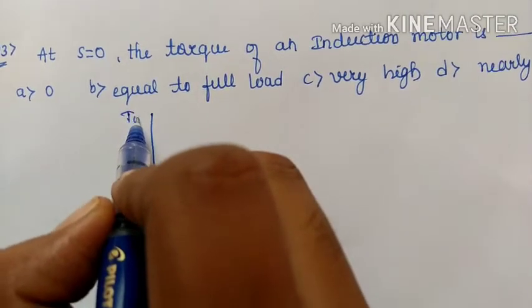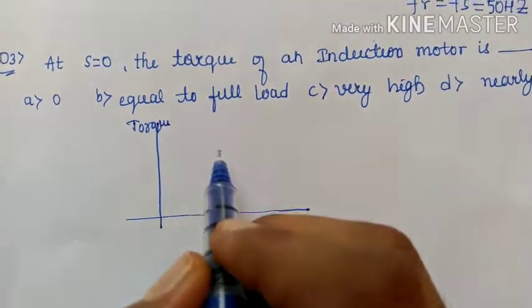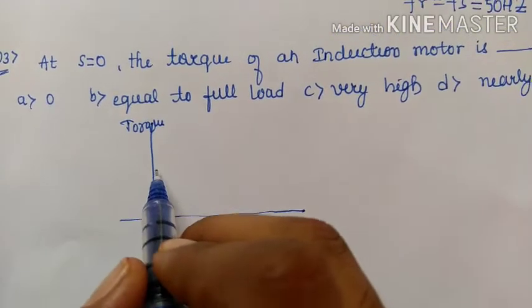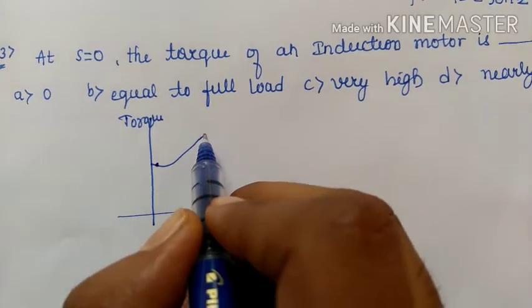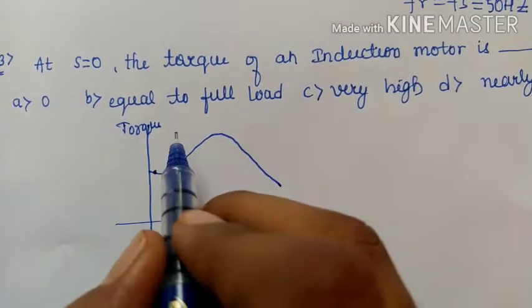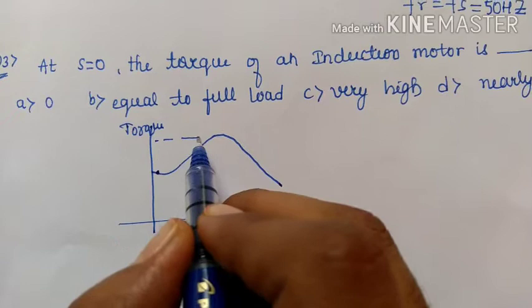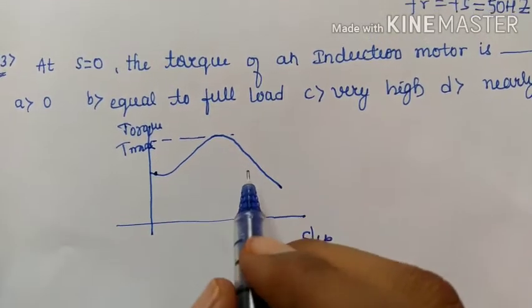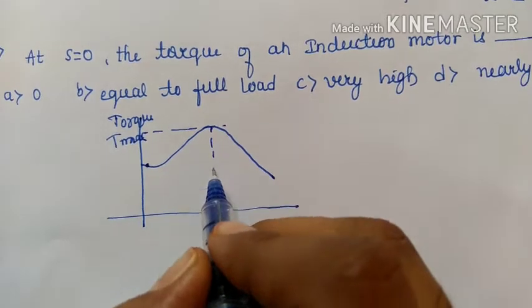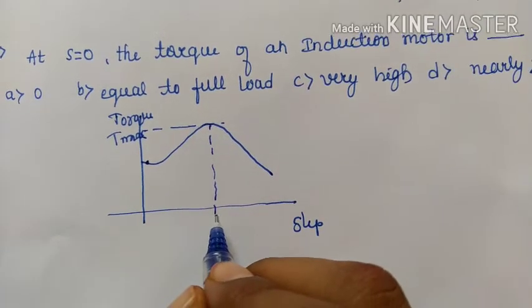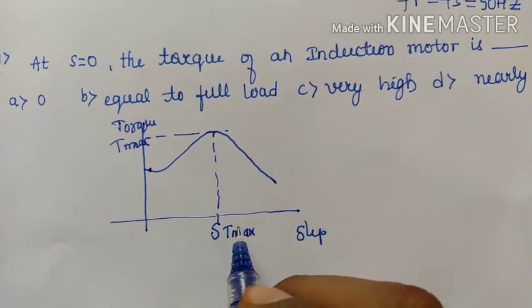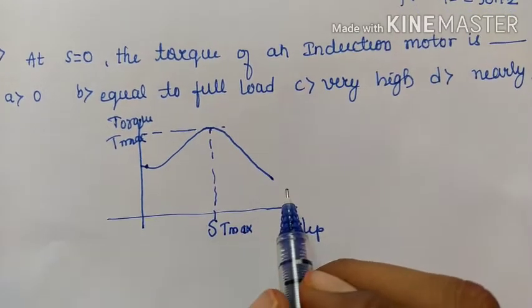Here on this axis is torque, and this side will be slip. This will be the maximum torque T max, and this will be the slip at maximum torque.